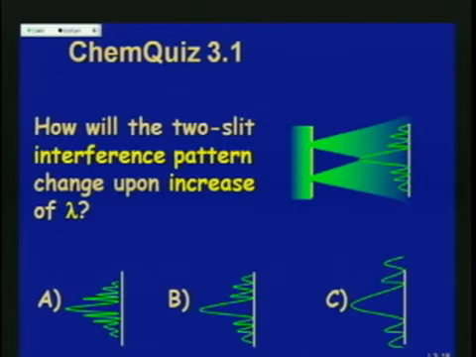So how would that interference pattern look? Would it look like this, like A, like B, or would it look like C? I compare a longer wavelength than this one, and what picture would I get? Would I get this, this, or that?